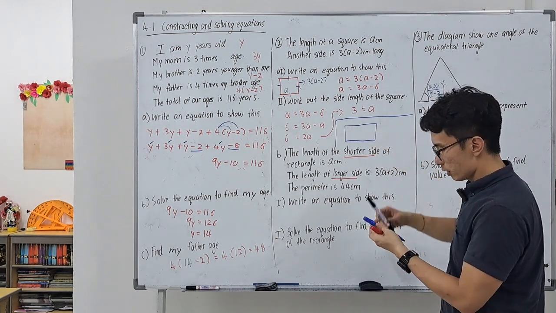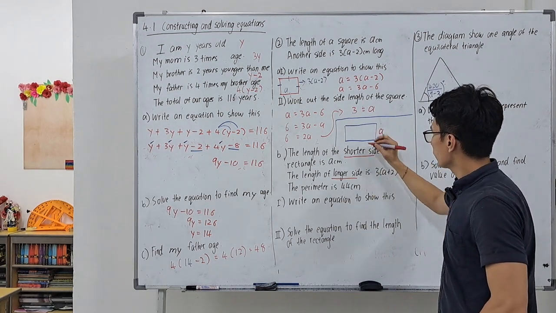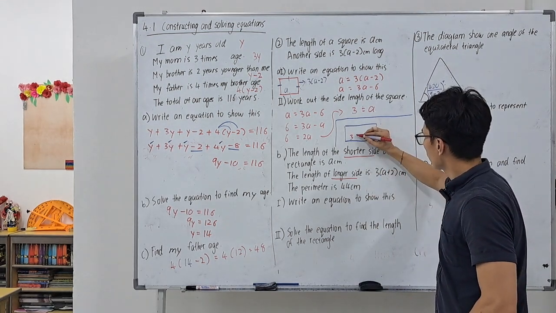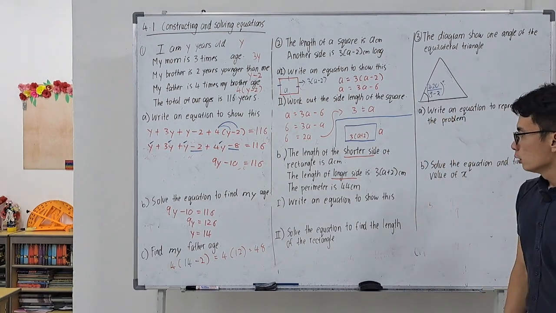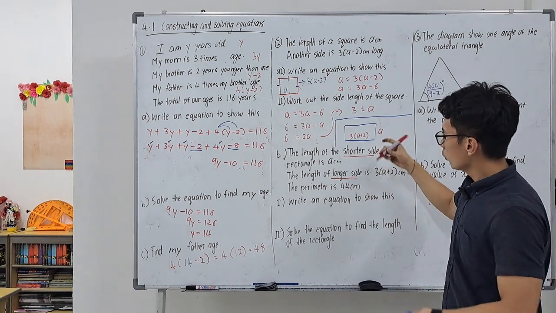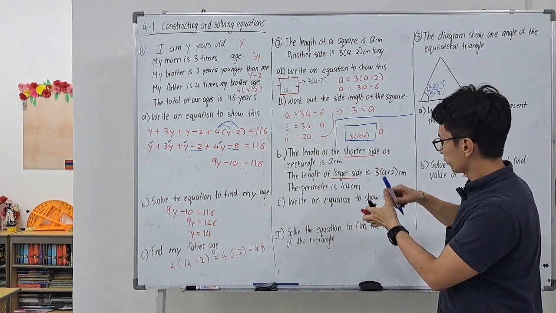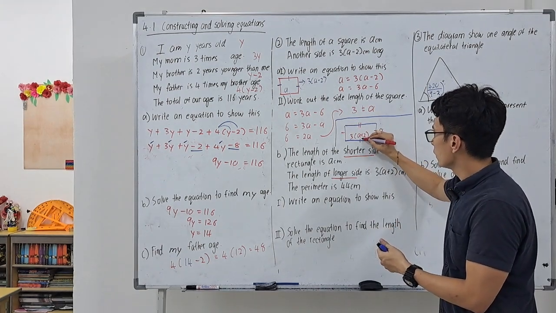So the shorter side, which is referring to this side, is a. And the longer side is 3a plus 2. Okay? And then they said the perimeter is 44. So I know on a rectangle, this side and this side are the same, this side and this side are the same.